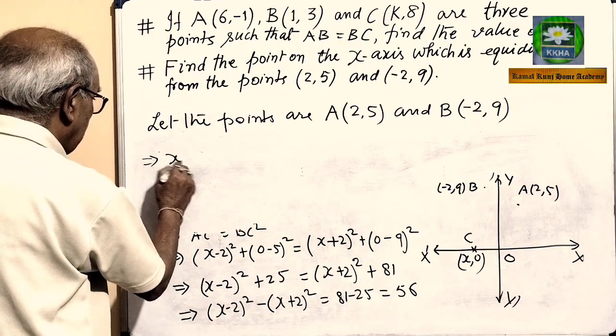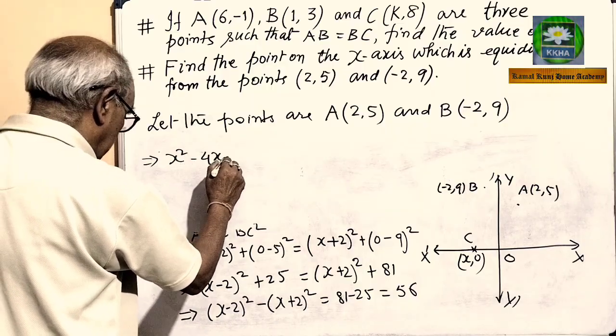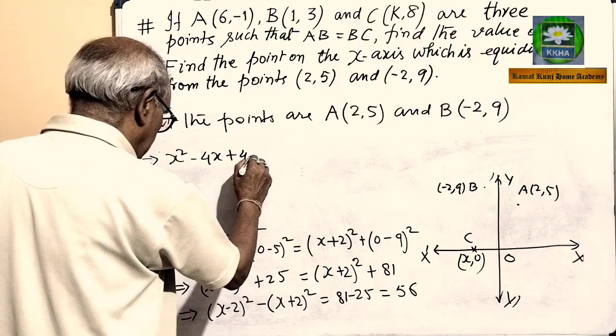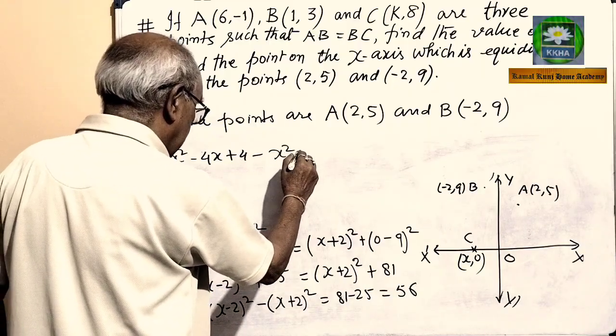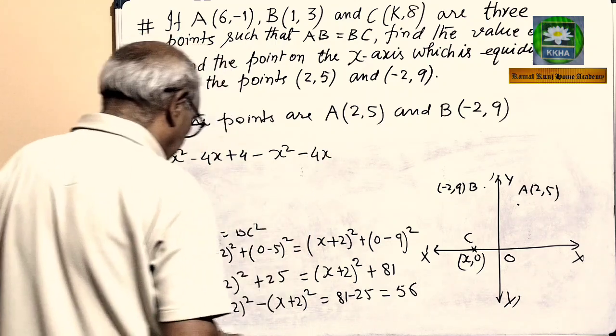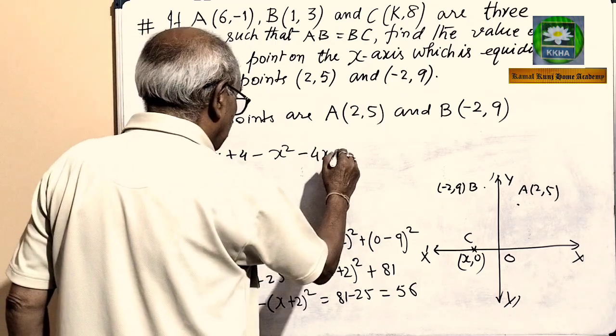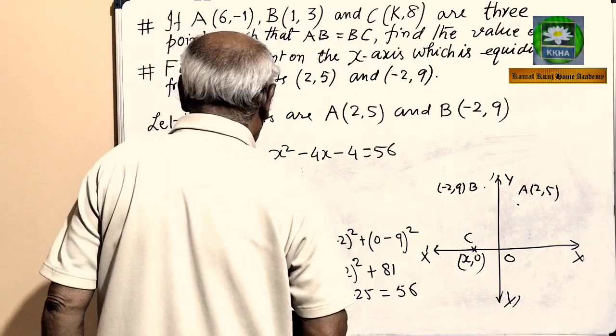Expanding, x square minus 4x plus 4 minus x square minus 4x minus 4 equals 56.